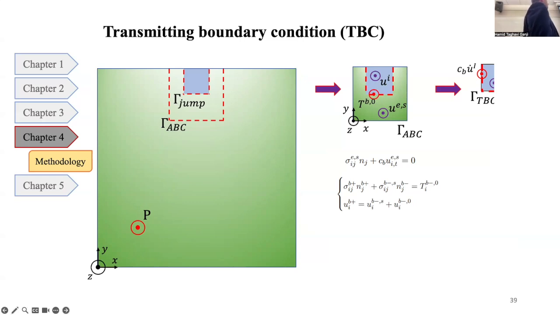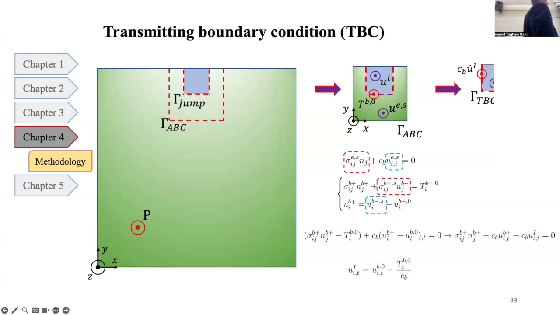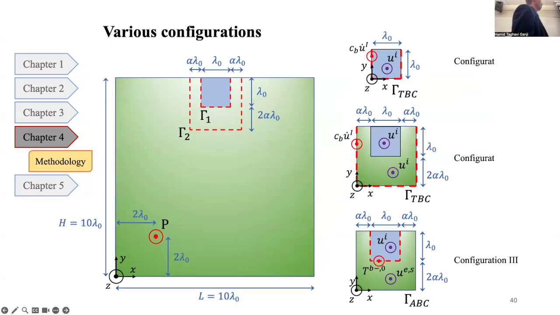So we use the Lysmer dashpots, Lysmer absorbing boundary condition. With the information we had for the jump, we noticed that we can replace these terms with the information we have in the jump and propose our transmitting boundary condition for the Lysmer dashpots. So this is the original problem. Instead of solving this problem, we defined three different configurations.